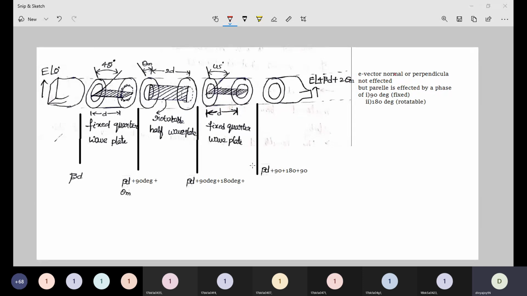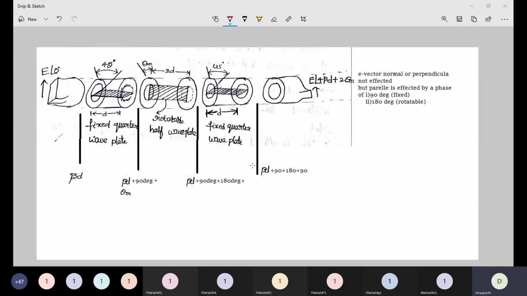So when a wave with its E vector vertical enters the fixed phase shifter, it is going to produce a 90 degree phase shift along with a phase shift of beta d. Beta d is the phase shift that a wave is said to have initially before it has entered the fixed waveguide.